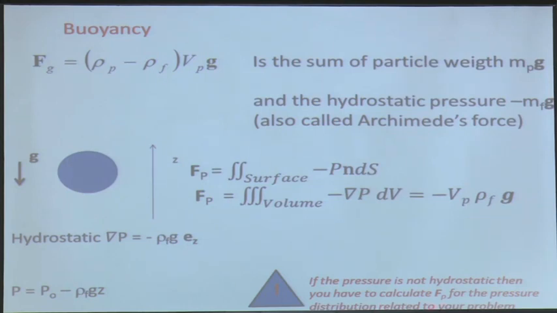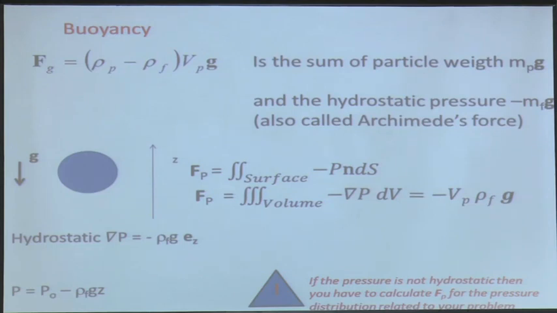There's a warning here, because you have to keep in mind that the assumption behind the Archimedes force is that g is constant and that the pressure is hydrostatic. Of course it's true at the level of your laboratory when you do experiments, or in the industry.